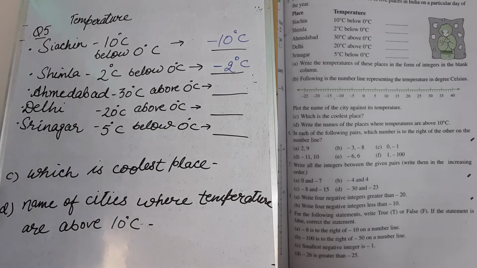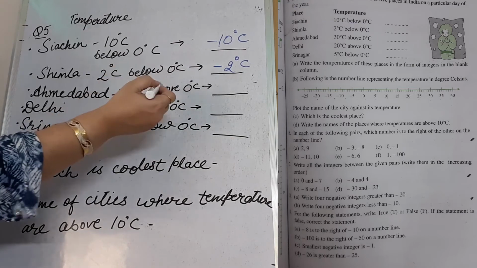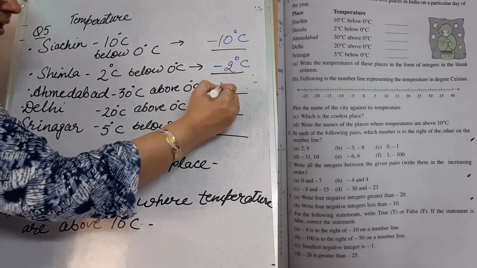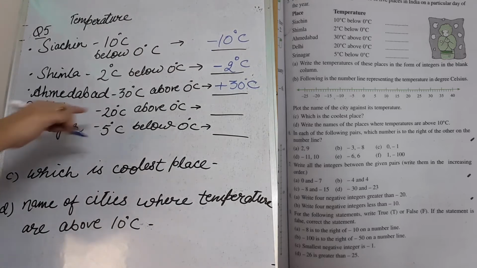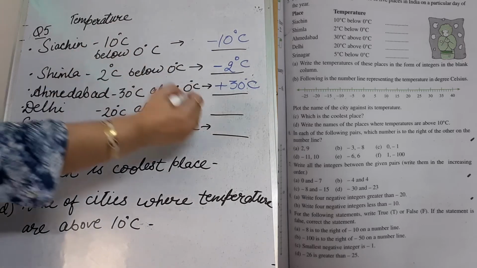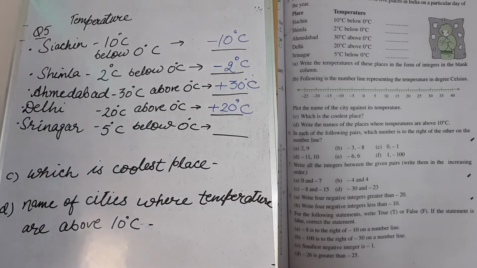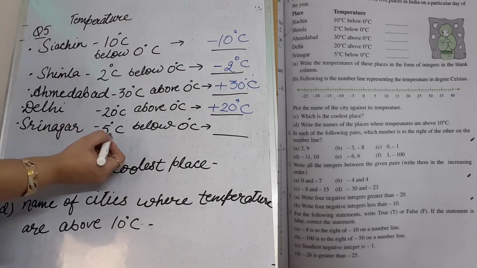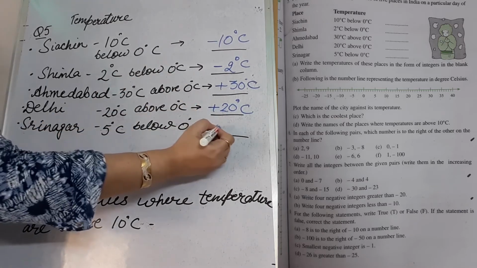Below 0 I am talking about. Here 30 degree C above 0. Above means plus. So I will write plus 30 degree C. Next is 20 degree C above. I will write plus 20 degree C. Srinagar having temperature 5 degree C below 0. Below means negative.